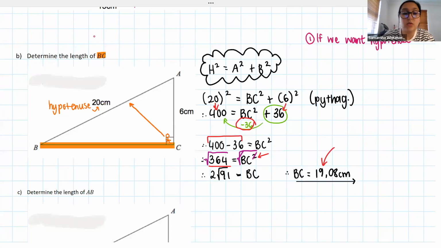If we're looking for the hypotenuse, we add the sides squared and then square root. And if we do that, we're going to get our hypotenuse.